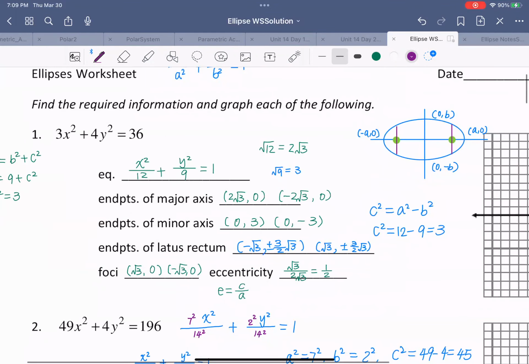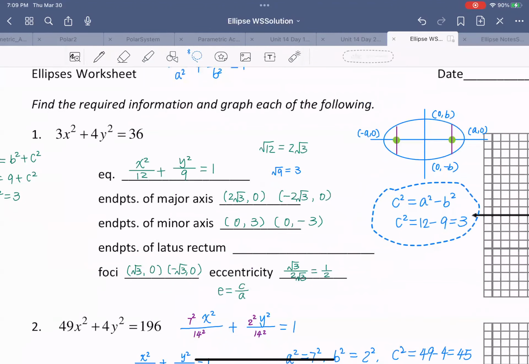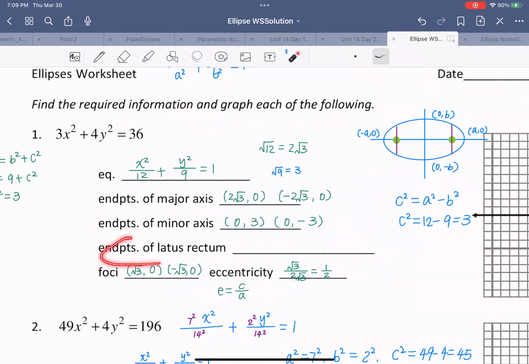Now, when we come back to this worksheet, it's asking you the endpoints of the latus rectum. To answer this question correctly, you want to start from the focus. Your latus rectum is based on this focus, going up by b squared over a, going down by b squared over a.